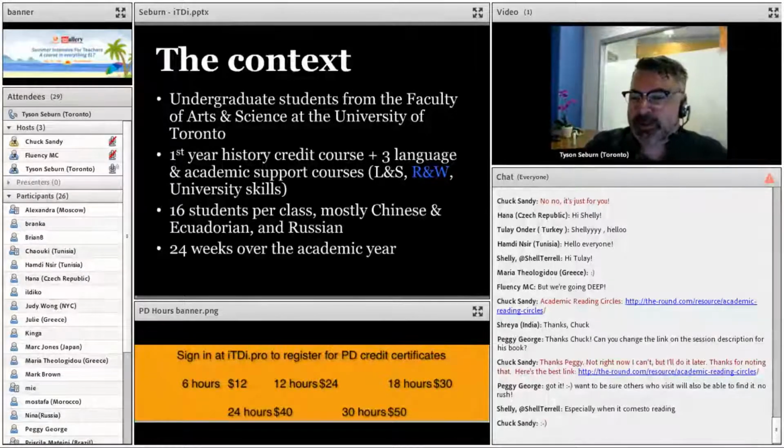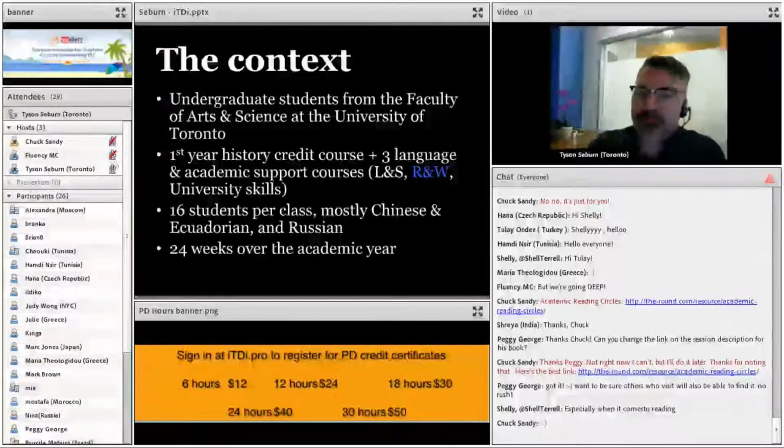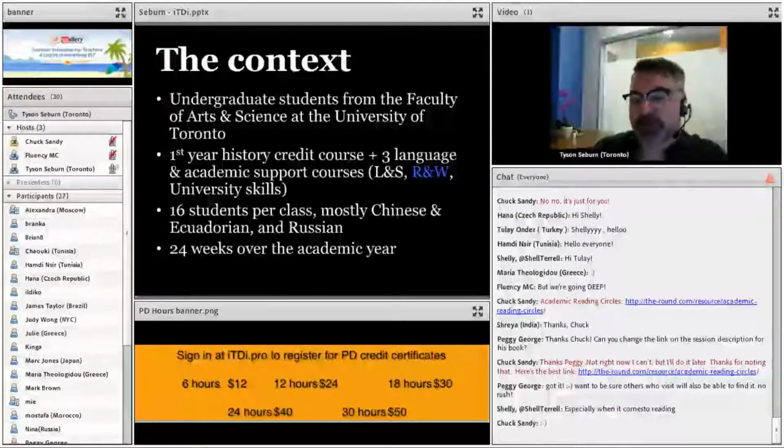My classes are typically fairly small, 16 students more or less, and mostly Chinese. There are some Ecuadorians and some Russians as well. And I have the benefit of having quite a long period of time with these students. They are with me for 24 weeks over the whole academic year, so we follow the exact year of the university. These students are kind of a pre-sessional type of student in a bridging program.